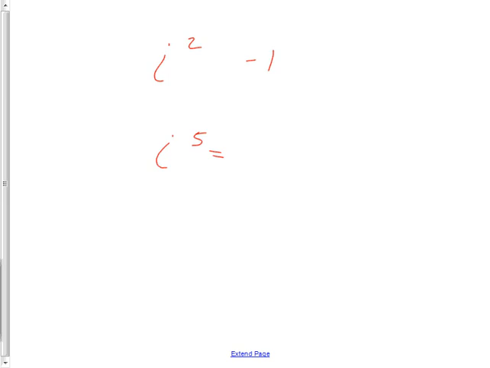When you go to i squared, it turns into negative 1. When you go to i to the 3rd, it turns into negative 1i or negative i. When you go to i to the 4th, what are you at? That's a couple i squareds, right? Yeah, that's crossing my i's. That's weird. And that's negative 1 times negative 1, and that's positive 1.